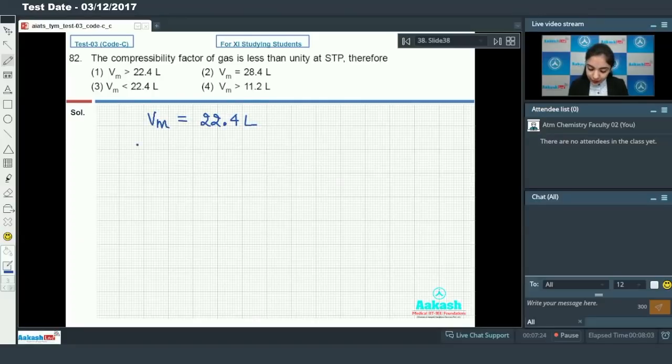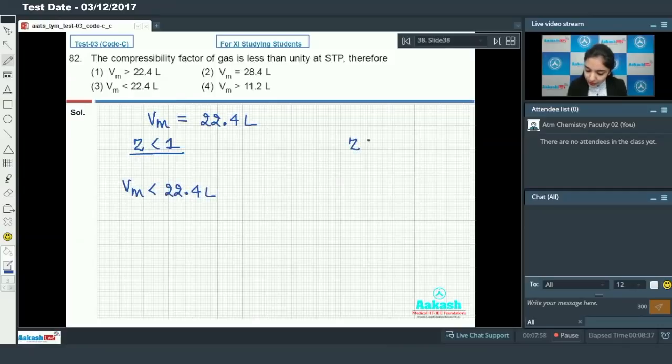So here it is given that the compressibility factor is less than 1, which means that there is greater intermolecular force of attraction in the gas molecules. So due to the presence of greater intermolecular force of attraction, the volume will be less than the molar volume of the ideal gas. So for Z less than 1, we have molar volume less than 22.4 liters.